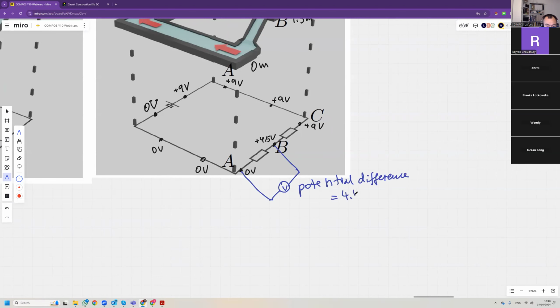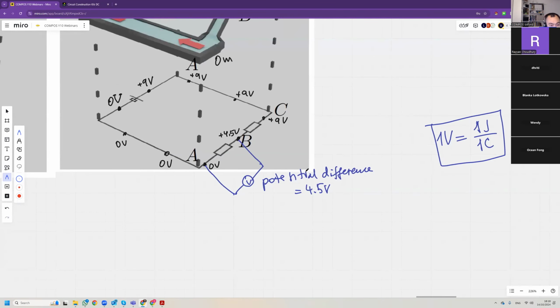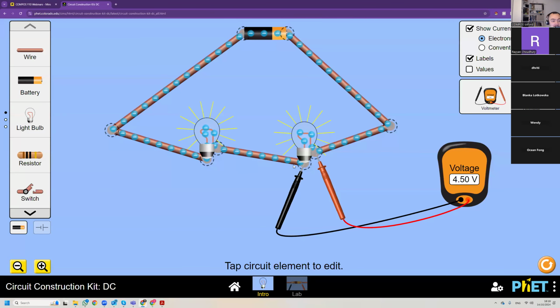A volt, 1 volt is 1 joule per coulomb. So a volt is just energy per charge. Okay, so that is how voltmeters work.